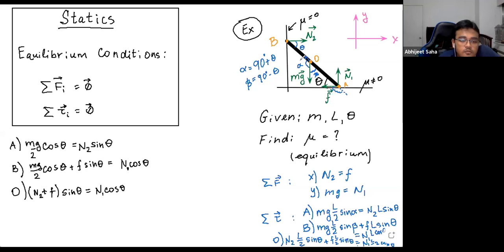Seems like you could get O from A and B. Oh, wait, no, because there's an n2 sine theta. Oh, wait, no, yeah, you can get O from A and B, I think.